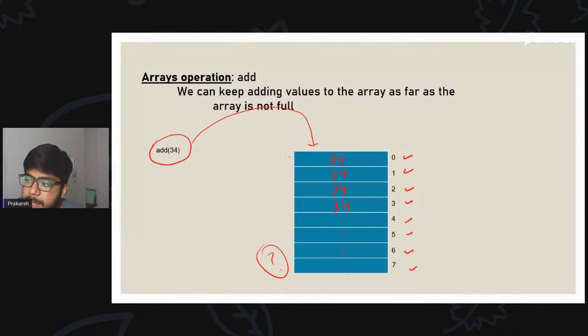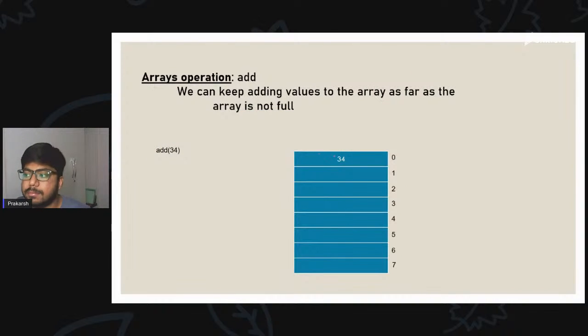Okay, so let me tell you. The 34 is going to enter at the 0 index. Yes, this is how this works. So you can see how an operation works over an array. Whenever you need to add something, it gets added at the very first index position.